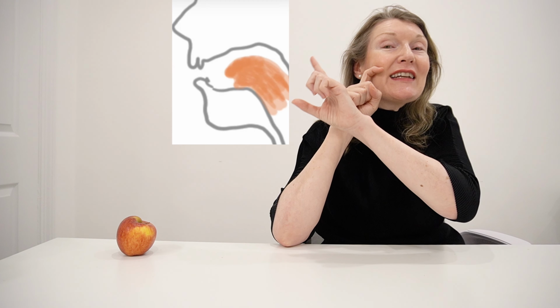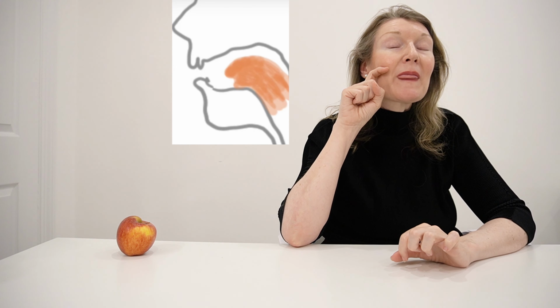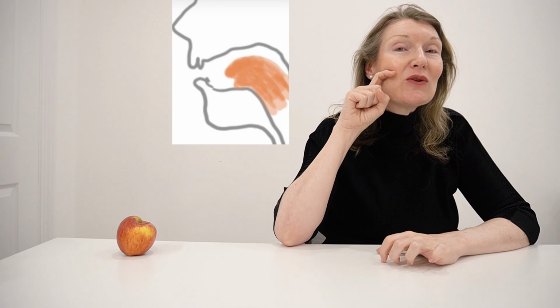Now, let's learn how to pronounce the R sound. R. The R sound is produced completely differently to the L sound. Can you see? Have a look at that illustration at the top of the screen, which is really helpful to see exactly how to place your tongue.